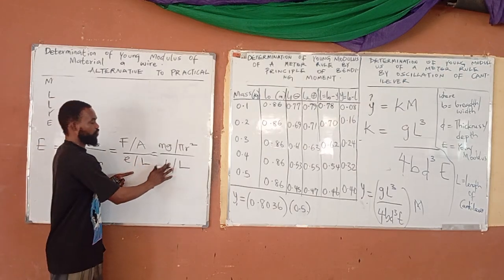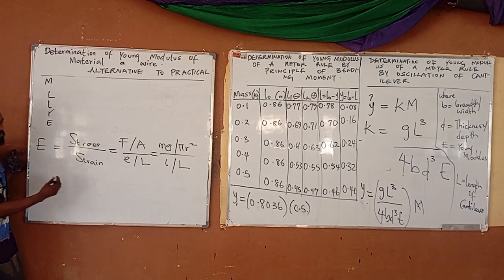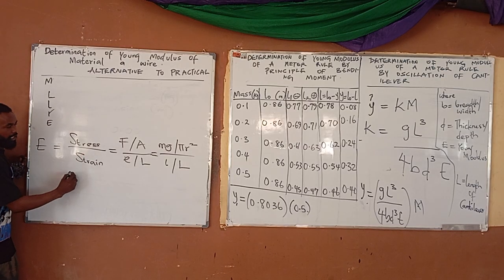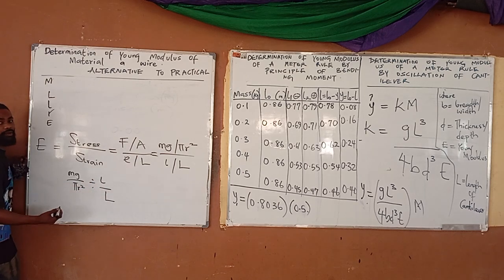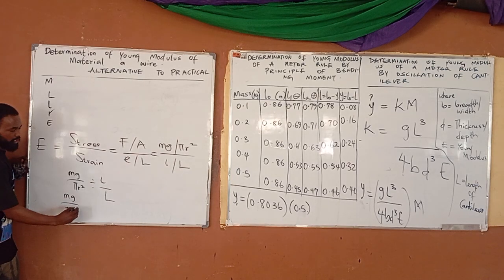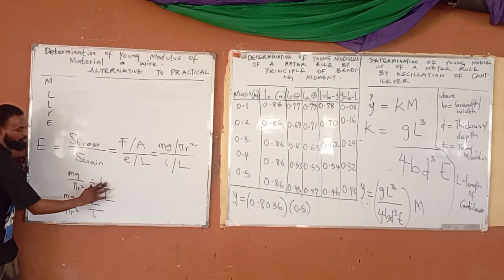So now notice, this is mg over pi r squared divided by l over L, which is the same as mg over pi r squared times L over l.